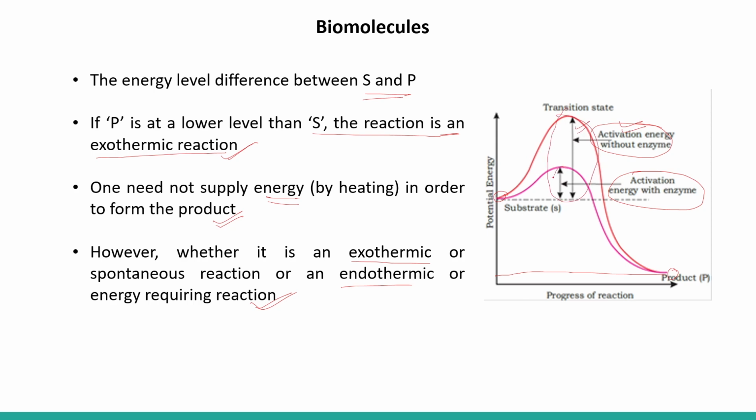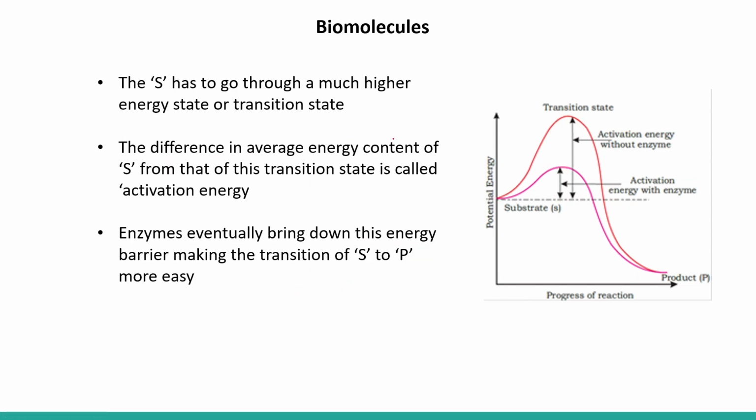The transient state for the enzyme-catalyzed reaction is lower as compared to the reaction in which no enzyme is present. S has to go through a much higher energy state, the transient state. The difference in the average energy content of S from this transient state is called the activation energy.